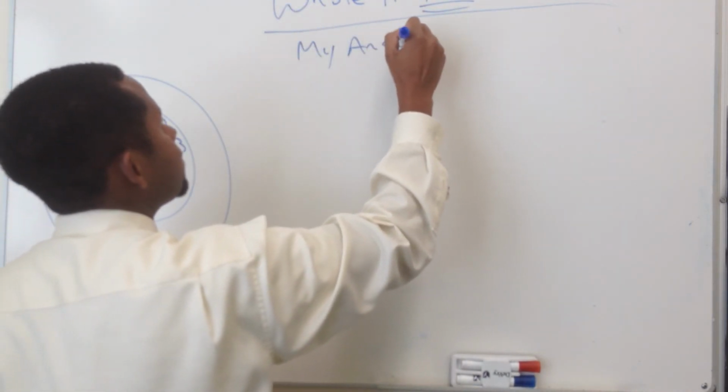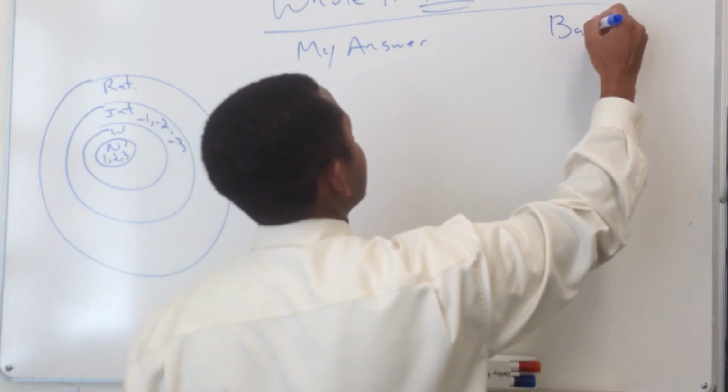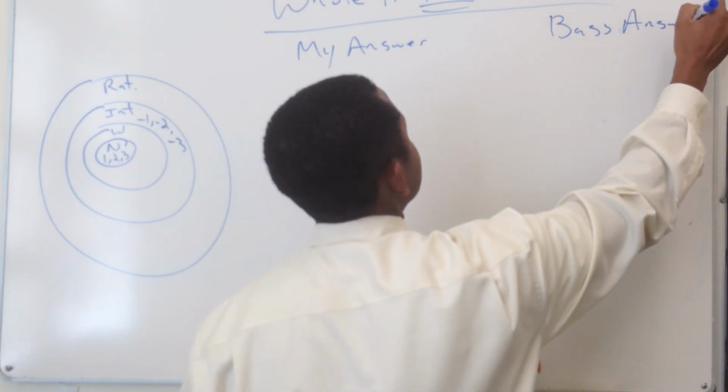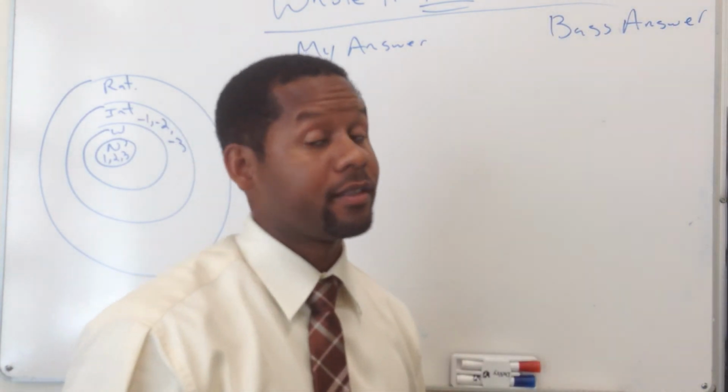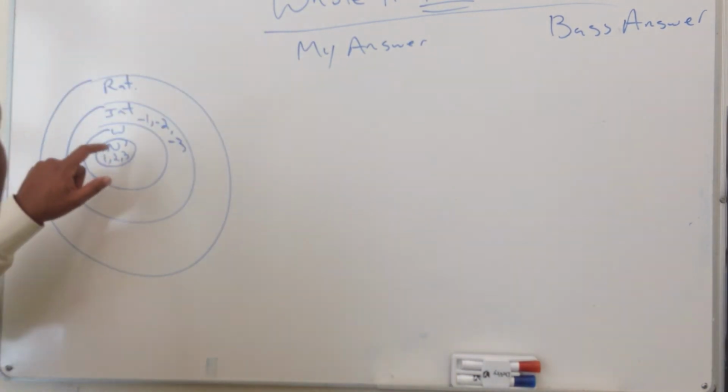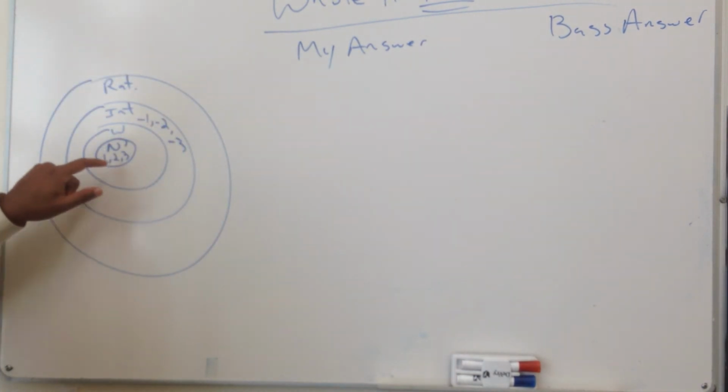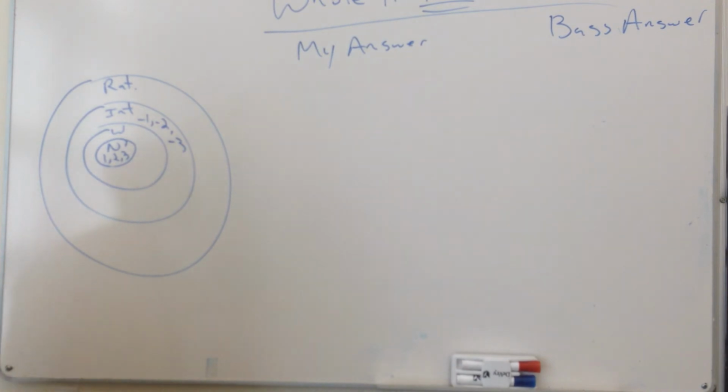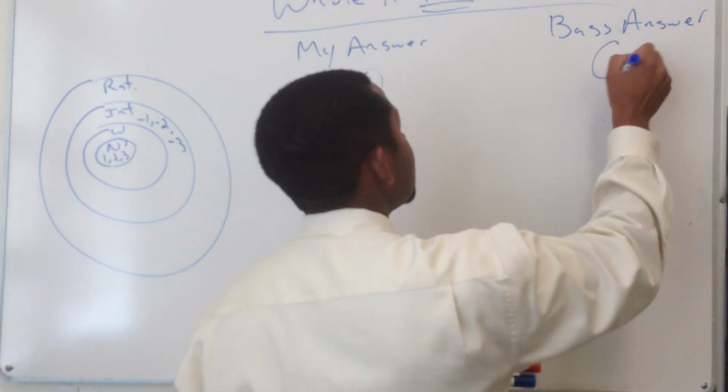My answer, Bass's answer: hopefully you're thinking right now, there's only one number that works for this. What number goes in whole numbers, but is not a natural number? I hope you put 0. I put 0.